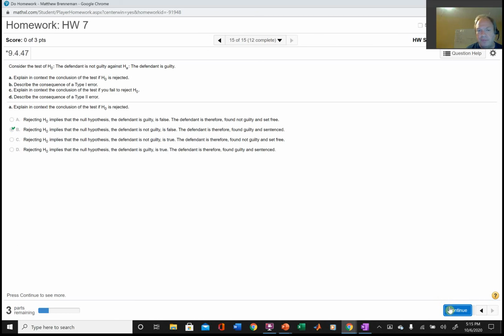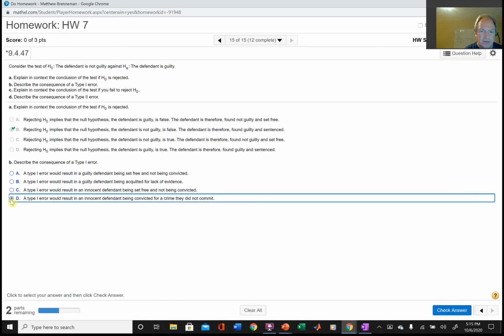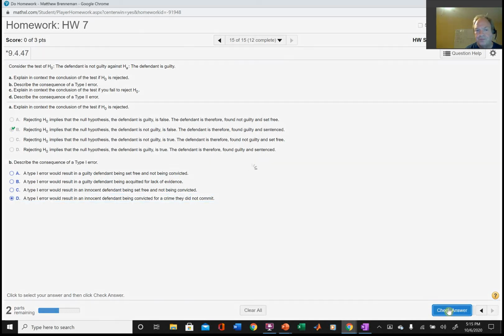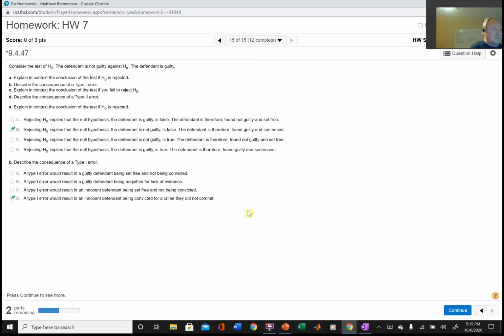And of course, the type 2 would be the opposite. So the consequences is that an innocent person is being jailed, right? So an innocent person's being convicted. So that's just putting it into everyday terms, right?